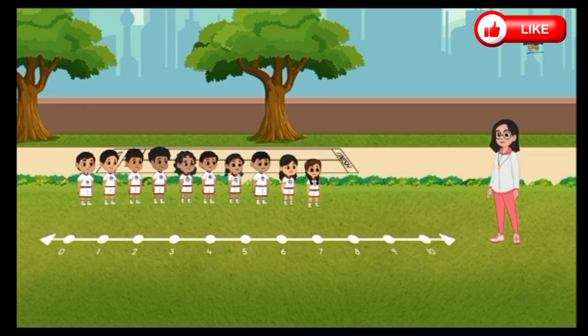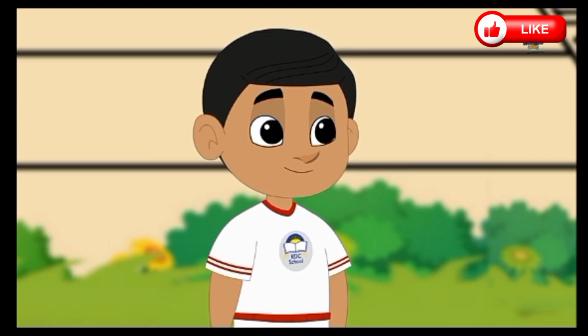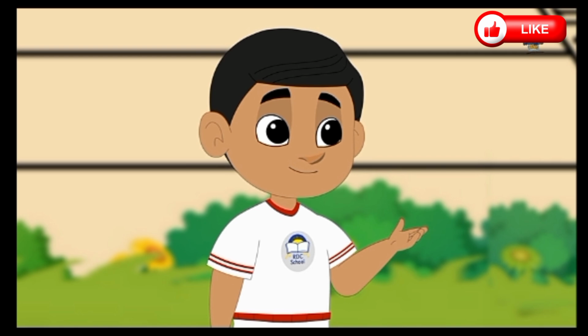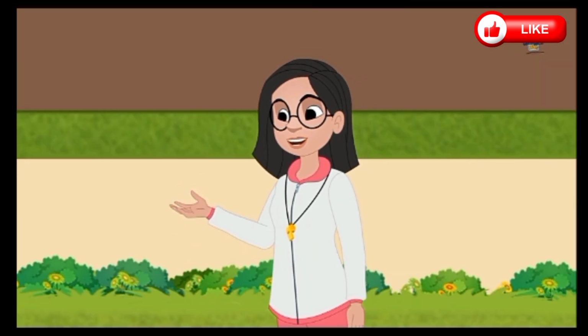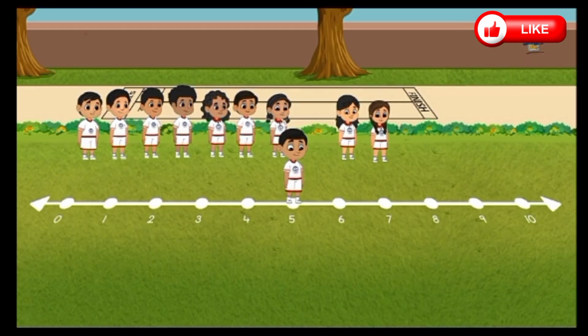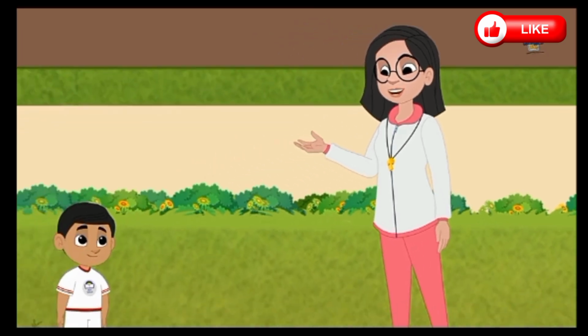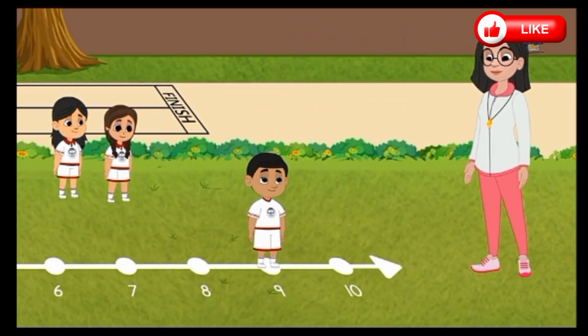Yay! I need somebody to help me for this. Amar, can you come forward and stand on number 5 on the line? Okay, teacher. Now jump 4 numbers ahead on the number line. Can you tell us the number that you have reached at, Amar?